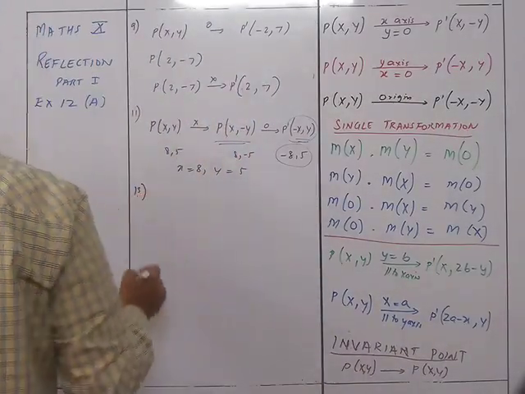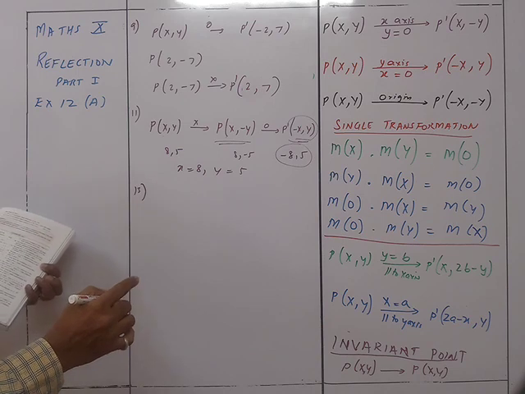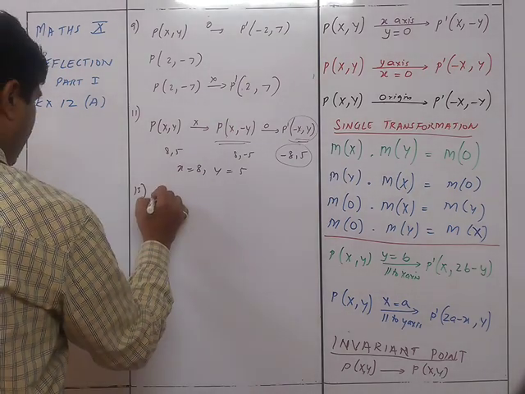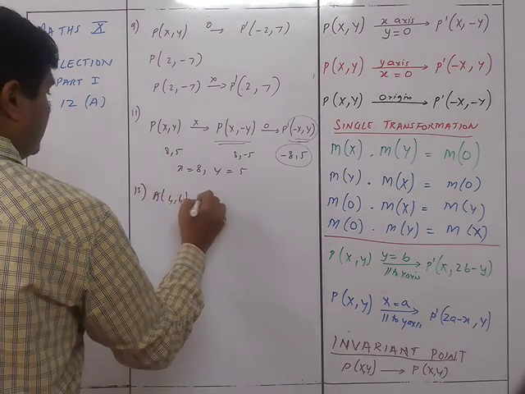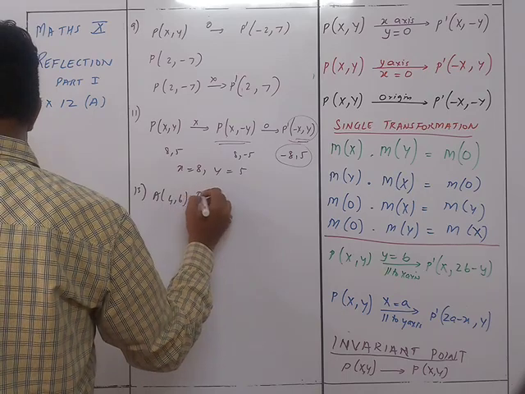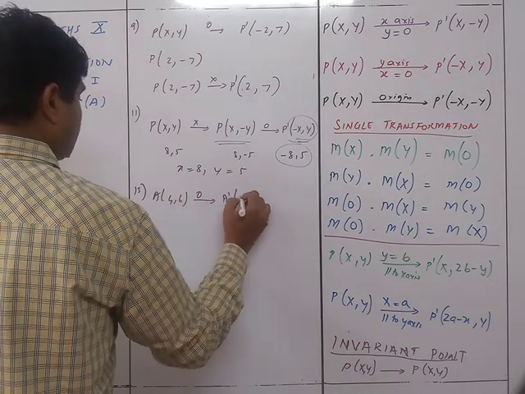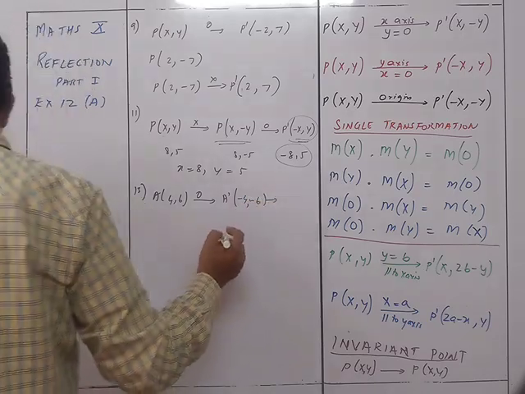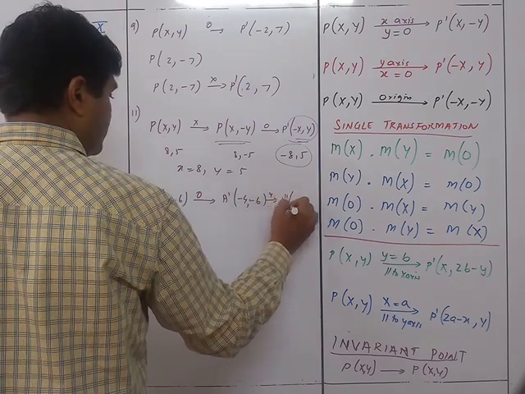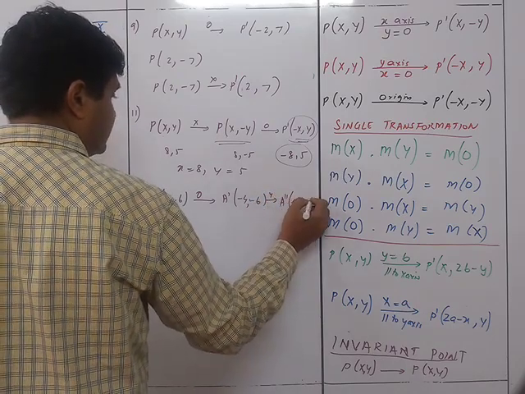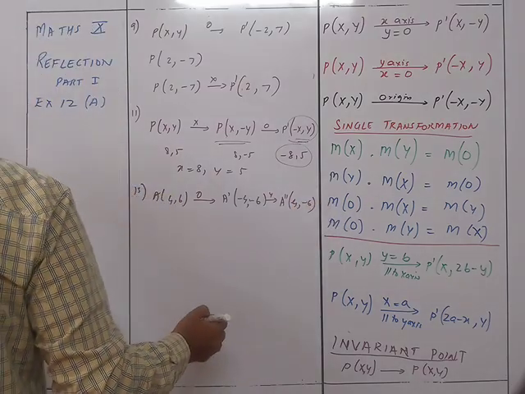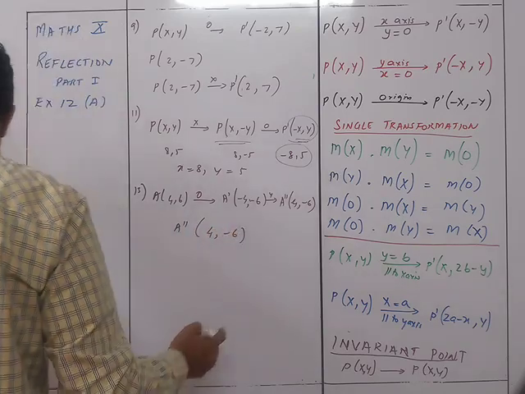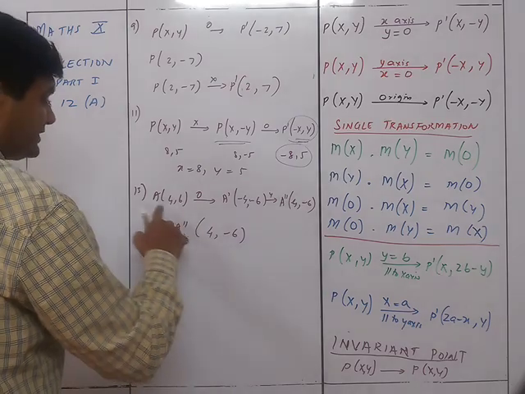Sum number 13. The point (4, 6) is first reflected by the origin to A dash, and then A dash is reflected in the y-axis to A dash dash. So A is (4, 6) reflected in the origin, so it becomes A dash, which is (-4, -6), and then it is reflected by y-axis, so A dash dash, where y remains the same, will be (4, -6). You need to write the coordinates of A dash dash, which is (4, -6), and you get a single transformation from A to A dash dash.